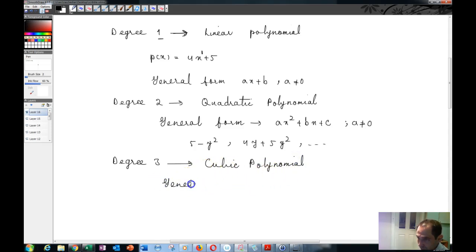The general form of these polynomials is basically ax cubed plus bx squared plus cx plus d, and here again a is not equal to 0. And of course, based on this, you know that a cubic polynomial in one variable can have at most 4 terms basically.